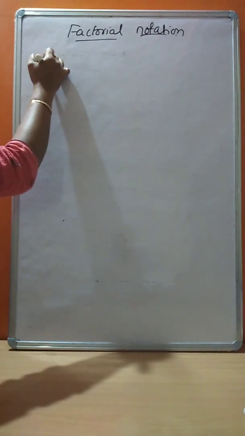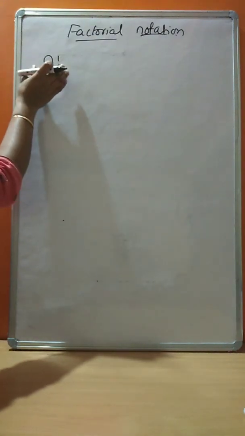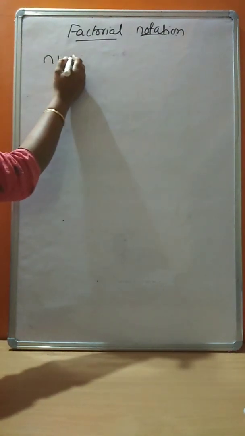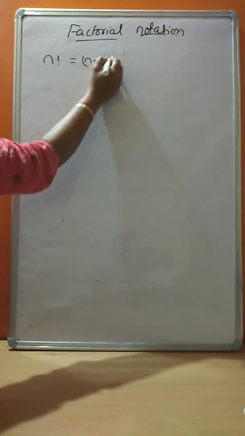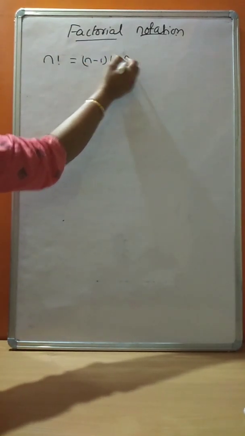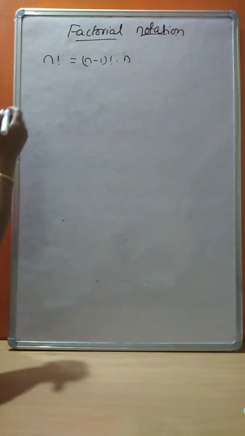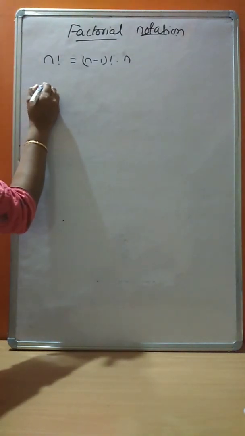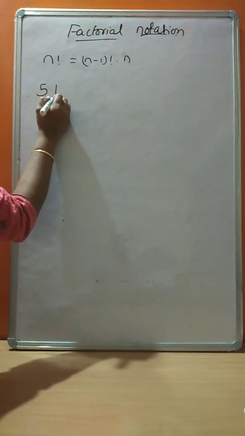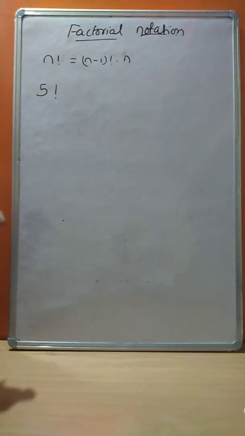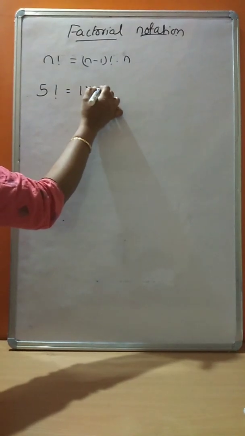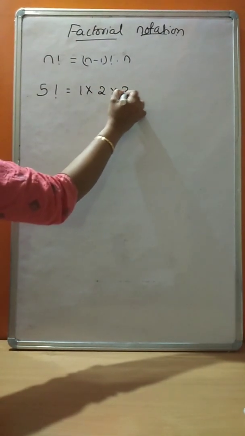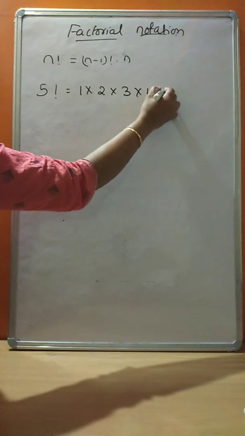Suppose I write n factorial, this n factorial can also be written as n minus 1 factorial into n. How? Let me check. See, if I am given 5 factorial, 5 factorial means 1 into 2 into 3 into 4 into 5.